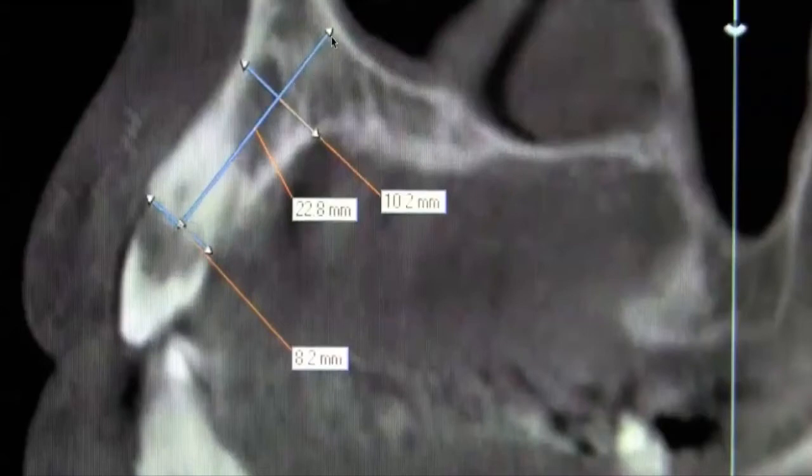So the whole idea was to select an implant that would allow us to do the placement without having to compromise too much, either getting into the performance of a major grafting procedure or having to angulate the implant too much, compromising the position of the implant within the bone. The co-axis implant is an excellent alternative, and you have two choices. You can utilize the 12-degree implant or you can utilize the 24-degree co-axis implant.